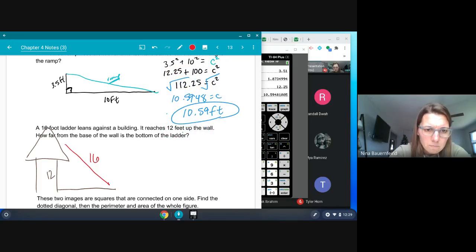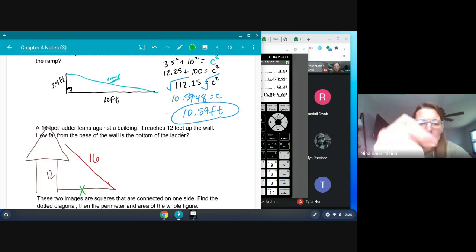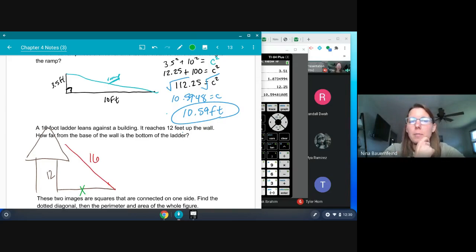So which one is our hypotenuse? Is it 16, 12, or x? 16. It is. You got it. So typically it's a squared plus b squared equals c squared.